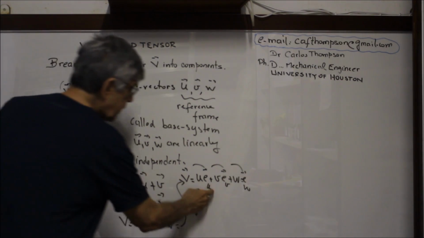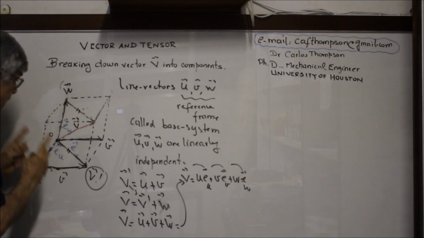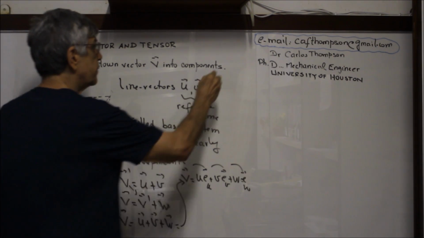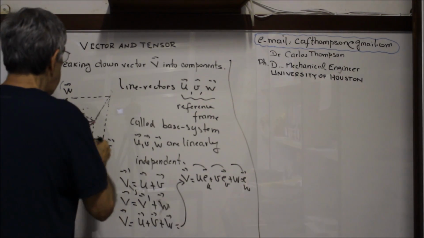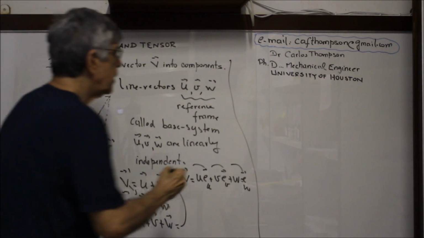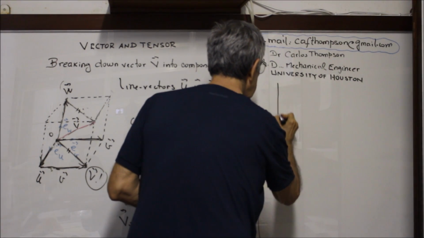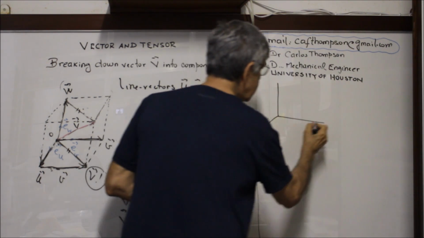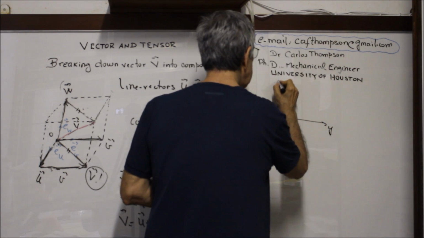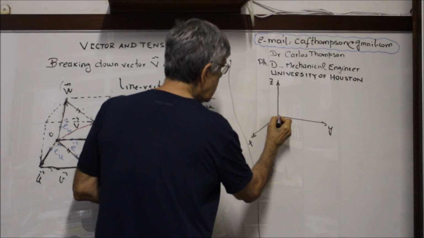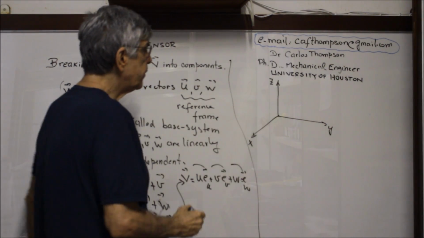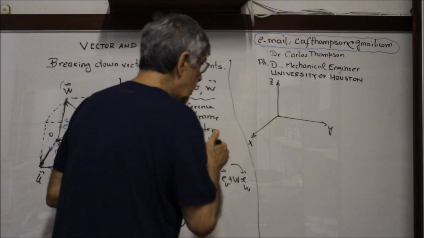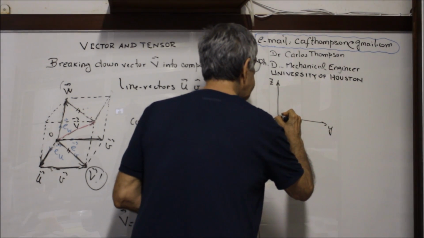These are unit vectors, not necessarily orthogonal. But we can also break down vector v in this frame here. Look, I call this the x-axis, y-axis, and z-axis. These have a common origin, and they are orthogonal axes. Now let's draw a vector v here.